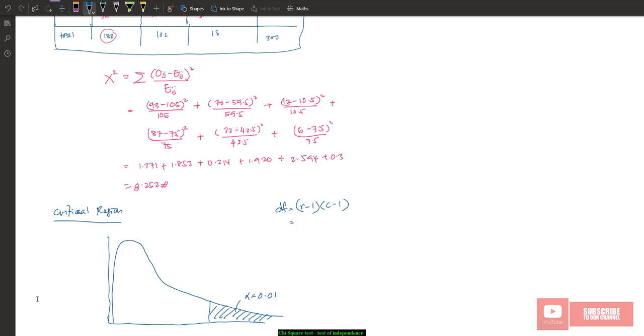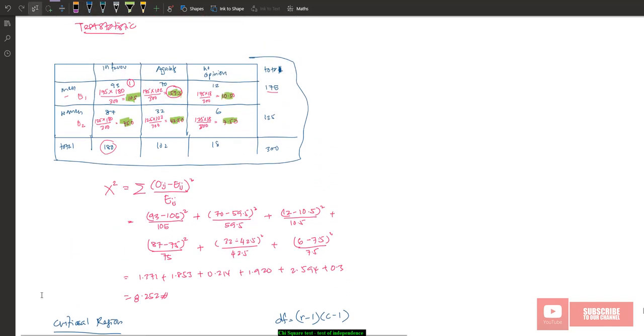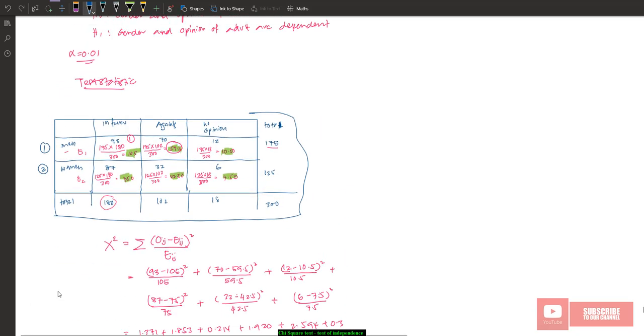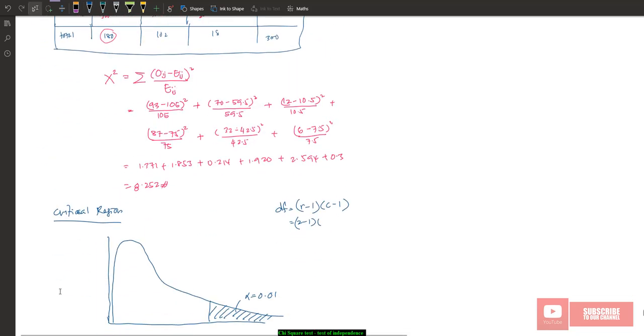We have 2 rows, so 2 minus 1, multiplied with the number of columns, we have 3 columns, so 3 minus 1. So this is 1 multiplied with 2 equal to 2.